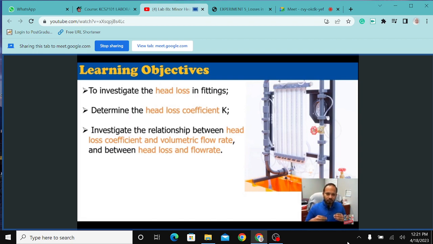Through that, we're going to determine the head loss coefficient for minor head loss. And finally, we're going to investigate the relationship between head loss coefficient, which is K, and the volumetric flow rate, Q. And again, head loss and flow rate, which is V, velocity.